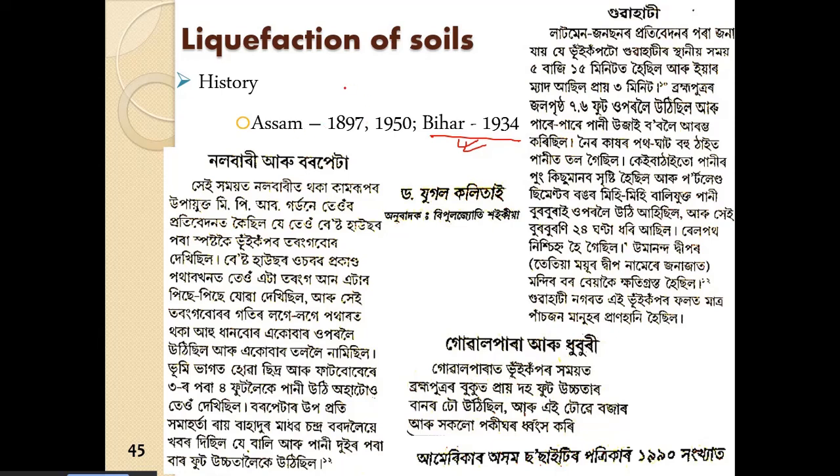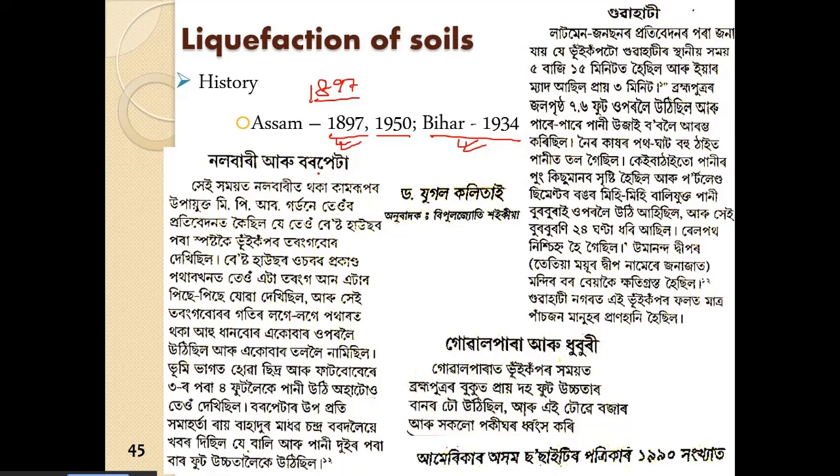Then in Assam, there was the Great Assam Earthquake of 1897. This is obviously an epic proposition as far as earthquakes are concerned. It is one of the greatest earthquakes that ever occurred in the world, so you can look into that. A significant amount of devastation followed.